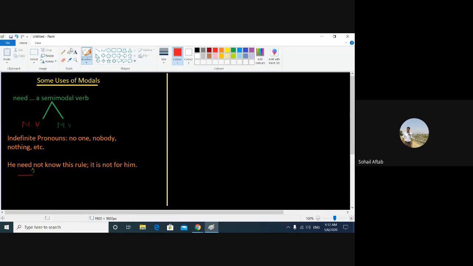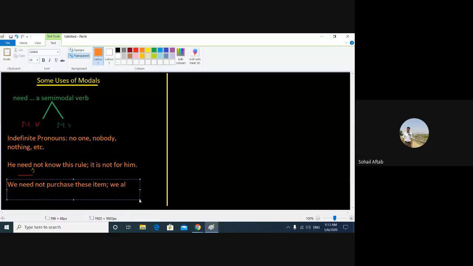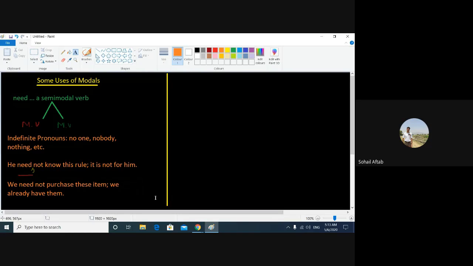Let us take another example and see how we'll build another sentence with need. We need not purchase these items.